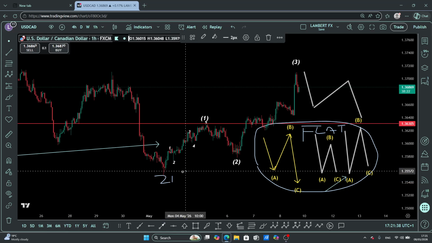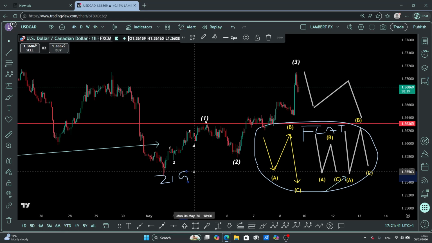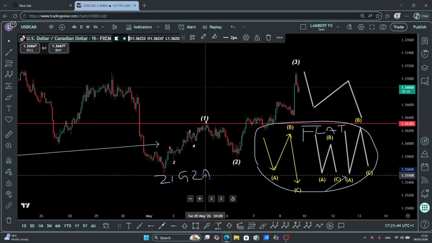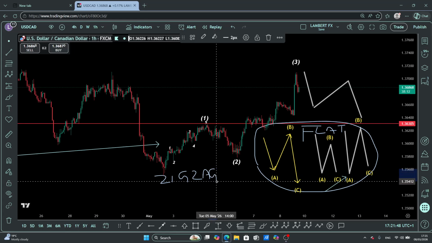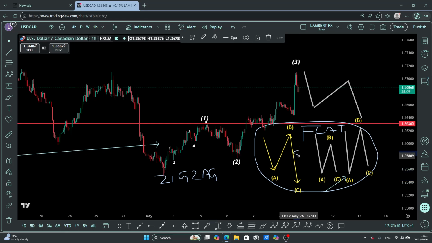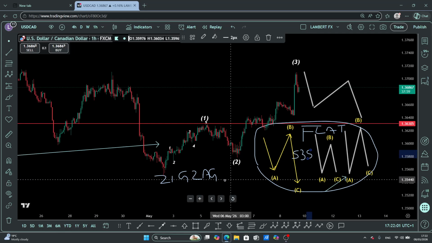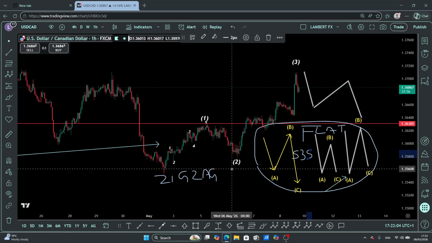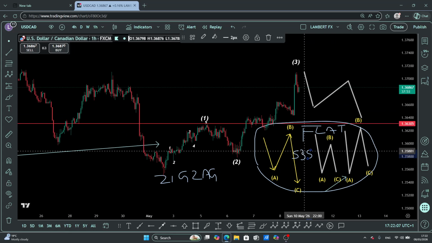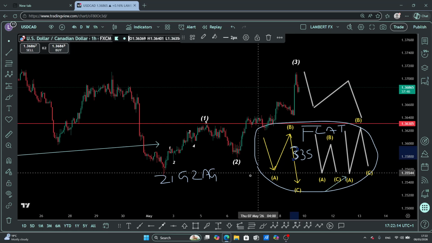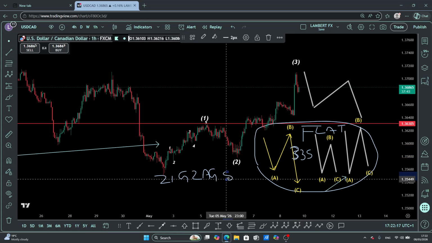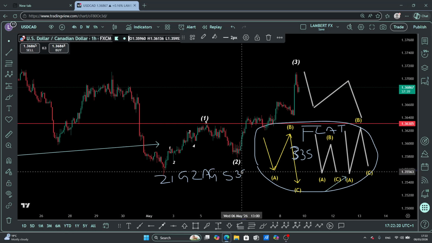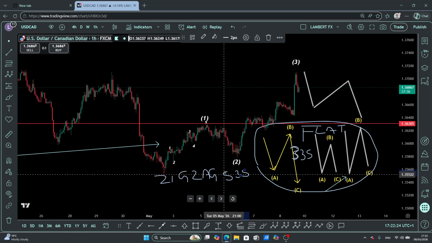A zigzag is a 5-3-5 pattern, and a flat is a 3-3-5 pattern. Beg your pardon, the flat is a 3-3-5 pattern, and the zigzag is a 5-3-5 pattern. So you can also find this in your leg 2.